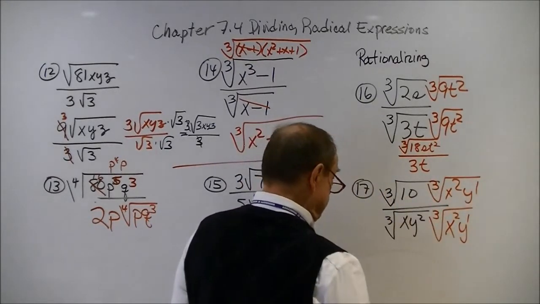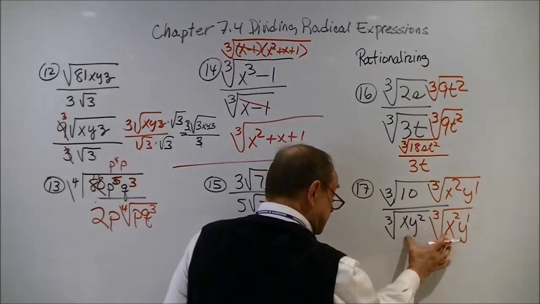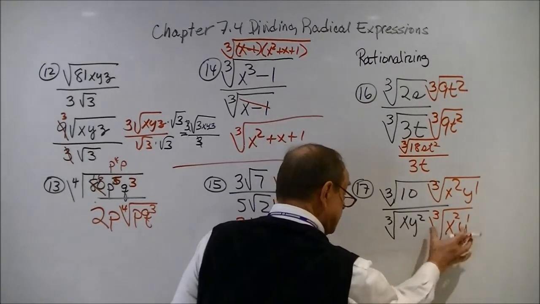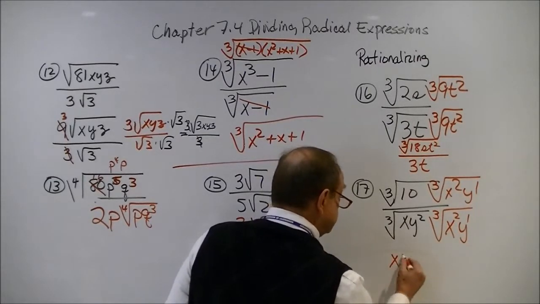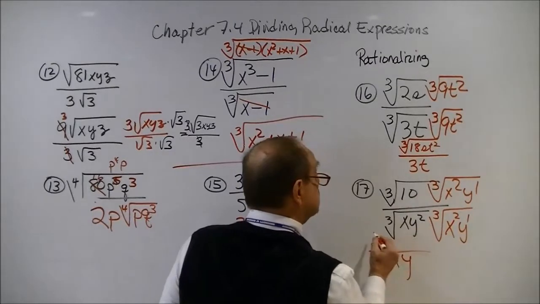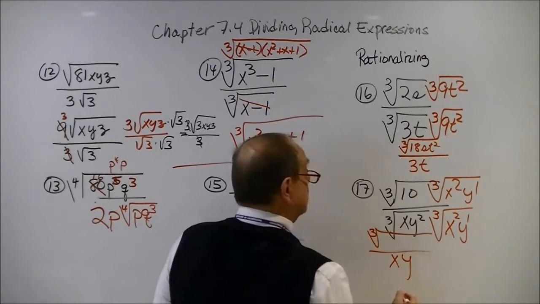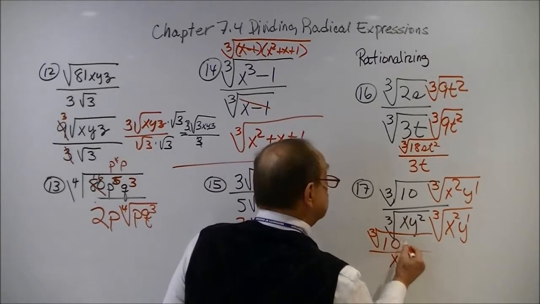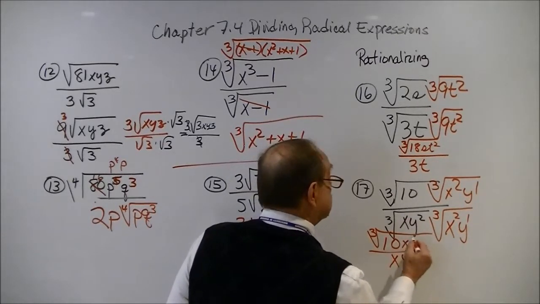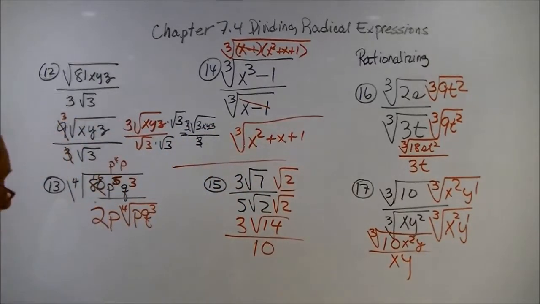And what do we get out of this? Well, our bottom becomes x to the third, y to the third, so it's just xy. And our numerator becomes the third root, kind of ran out of room there, 10x squared y. All right.